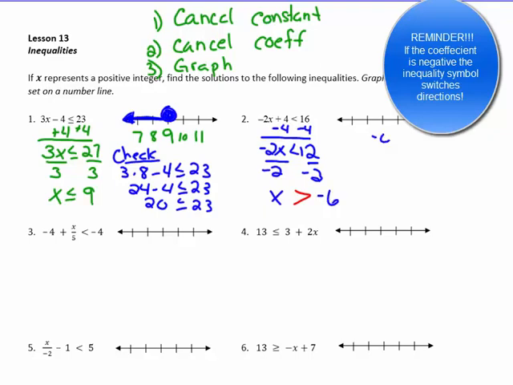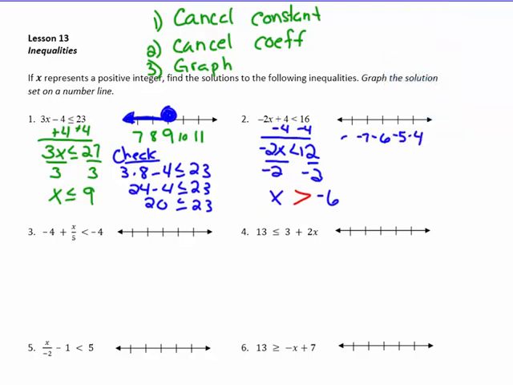So we put -6 in the middle, 2 higher, 2 lower, and my circle is going to be an open circle because there's no or equal to sign. And I need numbers that are greater than -6, so I'm going to head towards -4.